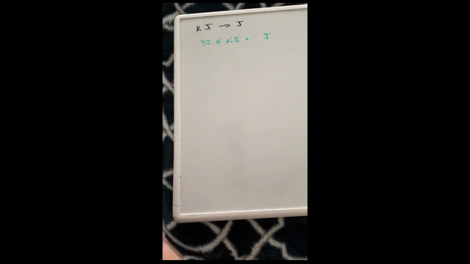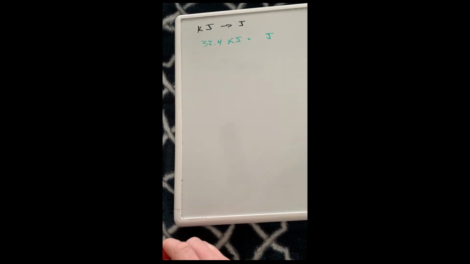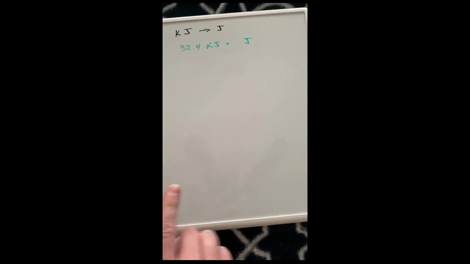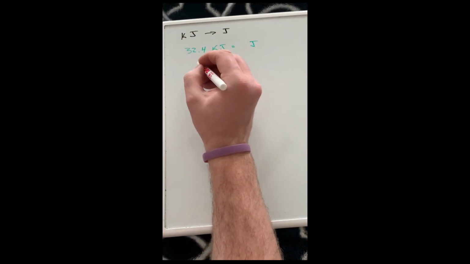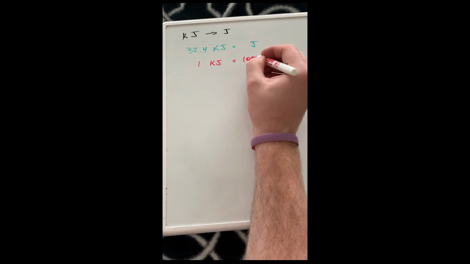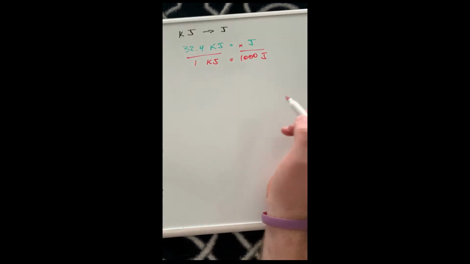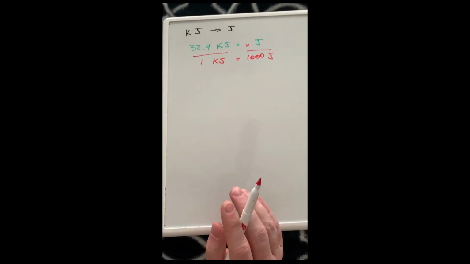Now the example that we just went through, converting from joules to kilojoules, we did a proportion. We could set that up and do that again. We could say that 1 kilojoule equals 1,000 joules, and now we have our proportion, and we just cross multiply and divide.